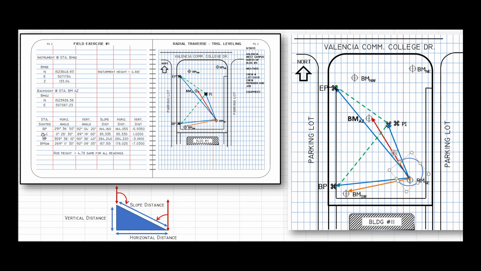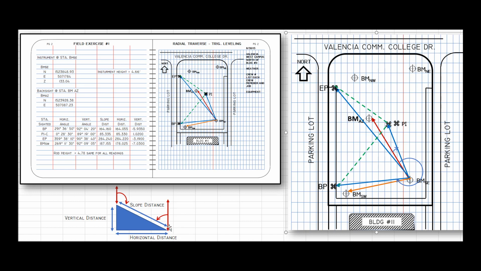So take a look at the next one. We're looking from the benchmark to PI. We took a horizontal angle from here to here, and then we took a vertical angle. But notice that the vertical angle is 89 degrees. That means we're actually sitting down lower and looking uphill.